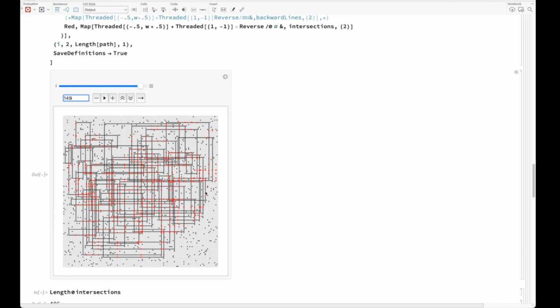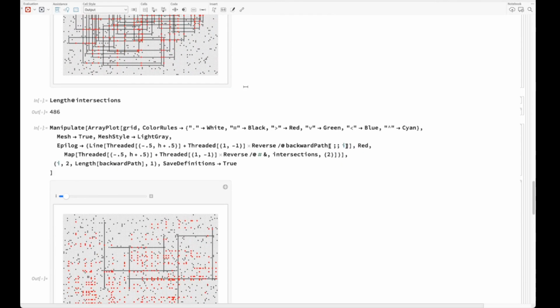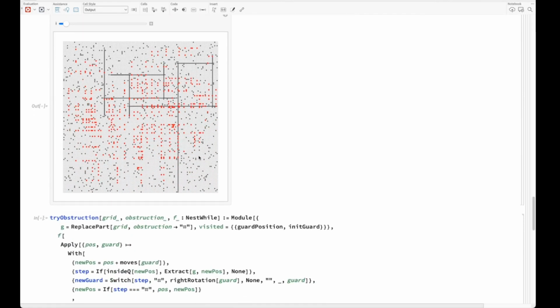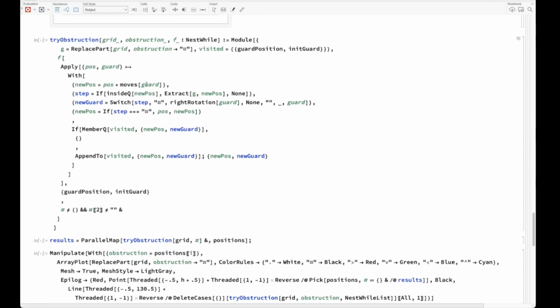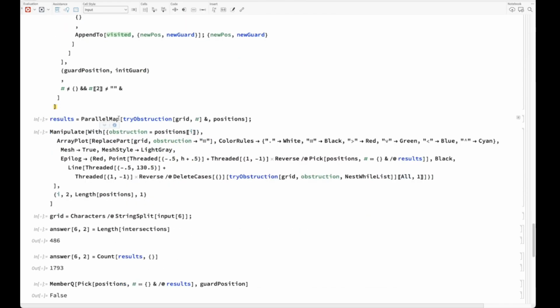You only have to consider the positions along this path, which is at least the simplest optimization you can do. So we're just searching along that path, trying a barrier at each position, and running a simple loop that tries to detect the cycle by recording all the visited positions that we already traversed until we loop, and then we just count it.